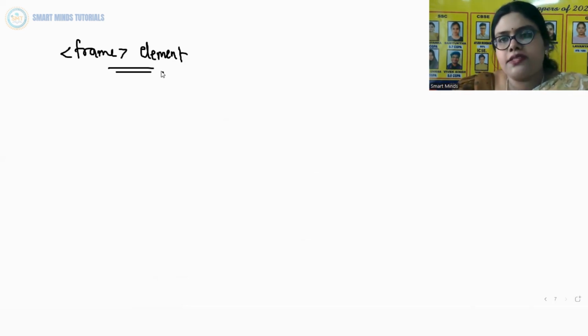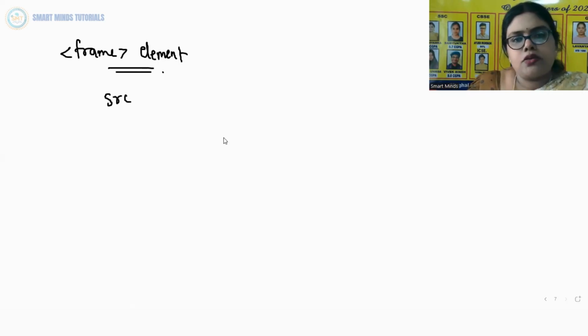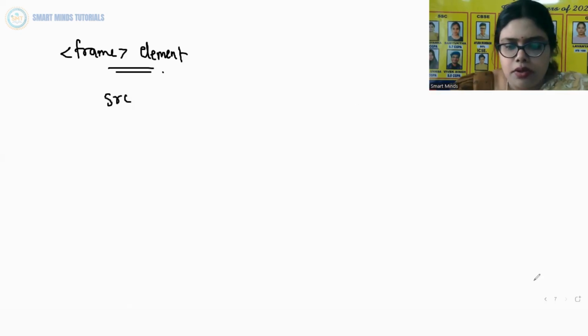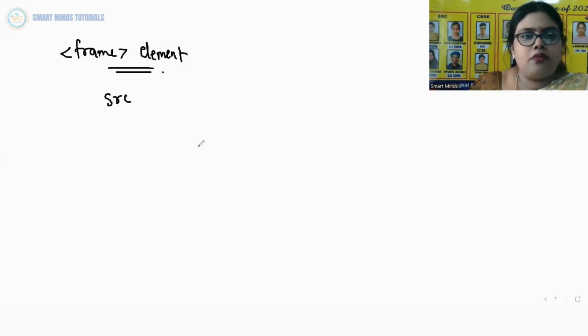It should always carry an attribute called src. In the previous program you have seen we have used src. It is an attribute which indicates the location of the HTML document to be loaded in the specific frame.